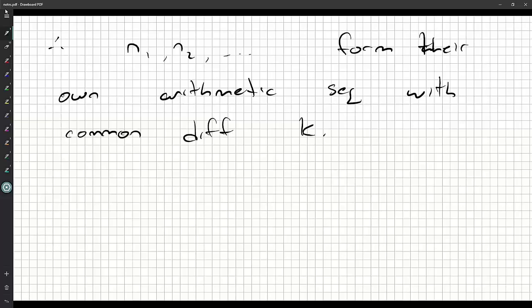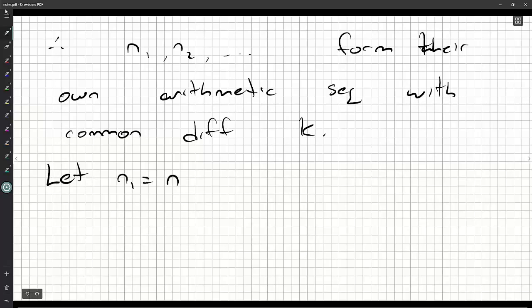Well, then we should be able to show that this can't happen. So let n1 be n just for simplicity. Then n2 is n plus k, n3 is n plus 2k, and so on.